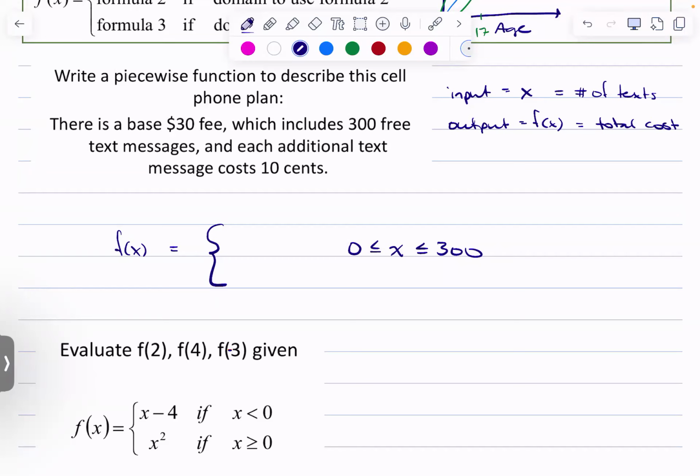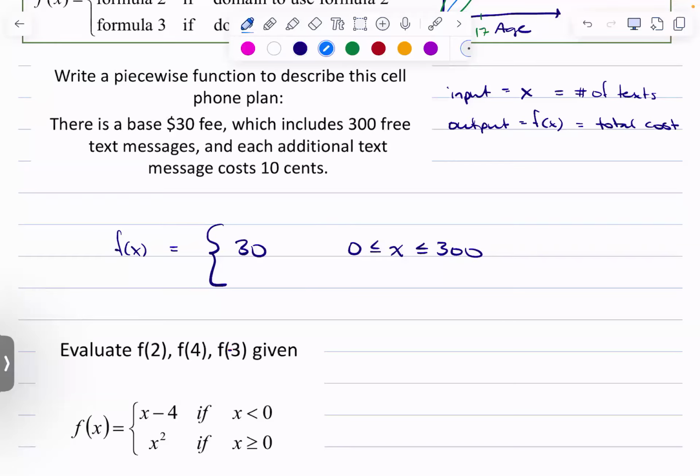Right? That one's kind of optional, but we like to be proper. So now we have this first domain, right? And so if x is between 0 and 300, then the cost is 30. Okay? So then f of x is just 30.